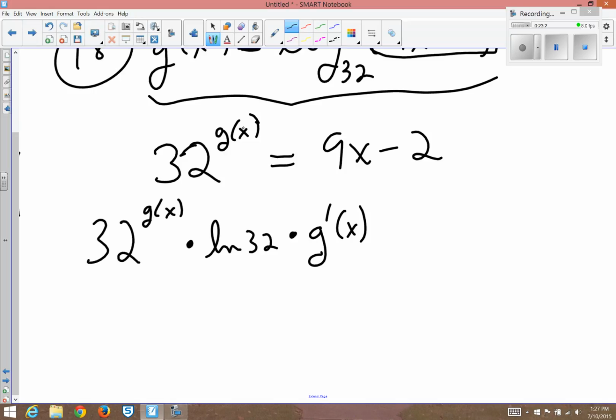The derivative of g of x is g prime of x. So I just differentiated the left side, so I have to differentiate the right side. The derivative of 9x minus 2 is 9.